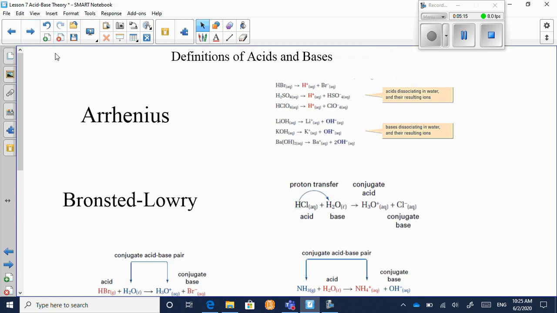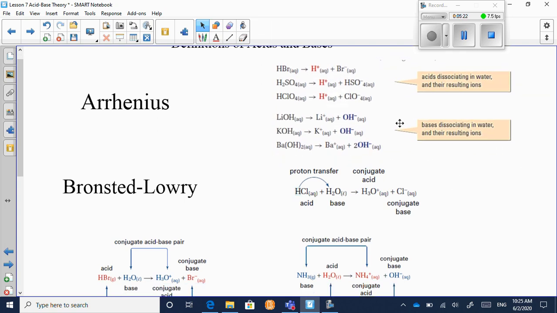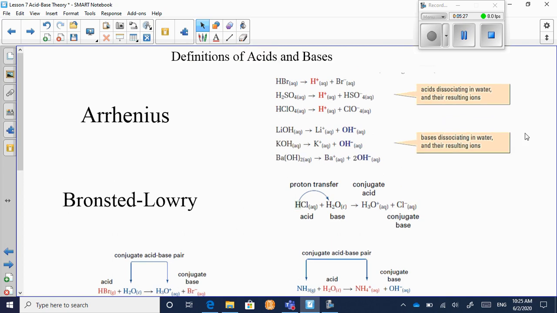Okay, a couple of definitions, and I'm not going to get too much into this. We certainly get a lot more into this in grade 12, but I think it's important to just see a little bit of it. We've certainly been using acids and bases for centuries, but the first person to really start identifying them and categorizing them was a Swedish chemist named Arrhenius.